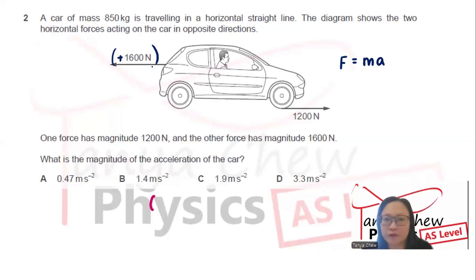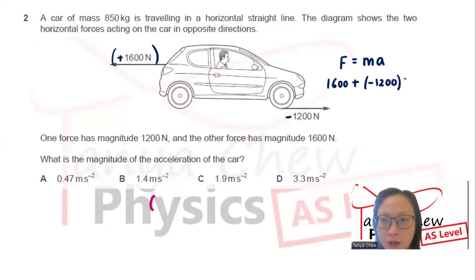Since the 2 forces are in opposite directions, I would put positive for 1,600 Newton and negative for 1,200 Newton. So my resultant force would be 1,600 Newton plus, because resultant is the sum of all the forces that are acting on one object, plus negative 1,200 is equal to m, which represents the mass of the car, 850, times a, which represents the acceleration.